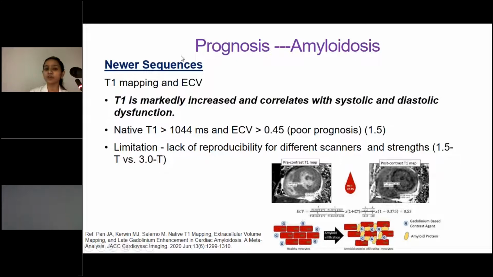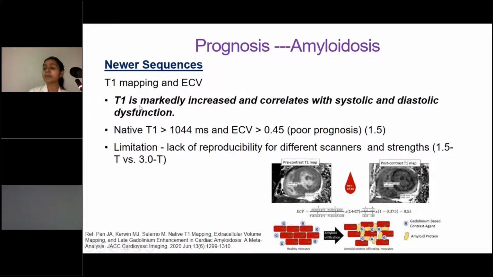There are two newer sequences that are also being used, which are T1 mapping and the measurement of the extracellular volume, which play a major role in assessment of prognosis for this disease. Because of the deposition of amyloid, the T1 values are significantly increased in patients of cardiac amyloidosis, and this increased T1 value correlates with systolic and diastolic dysfunction.